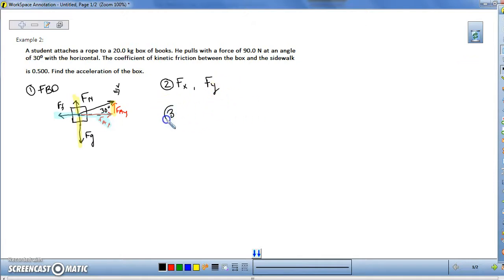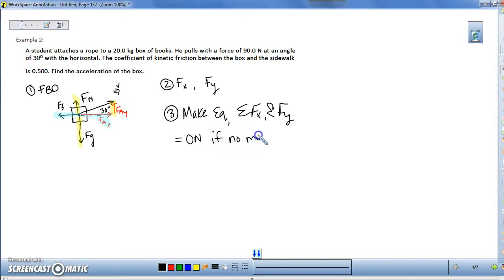So now after we find those, we're going to make the equations for the sum of the forces in each direction, the sum of the forces in X and Y. And then we either set it equal to 0 if there's no motion in that direction.